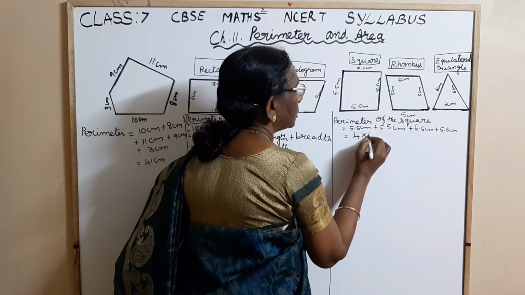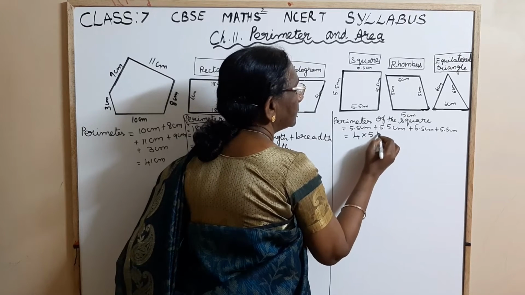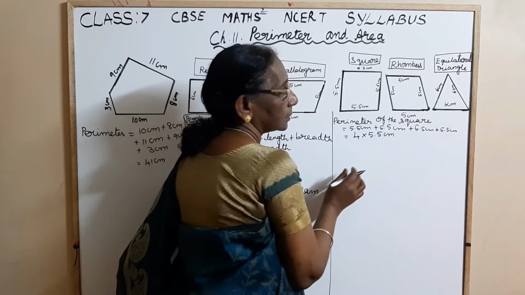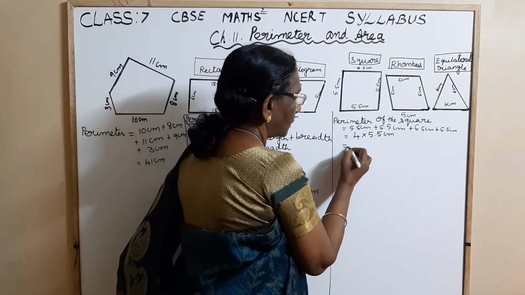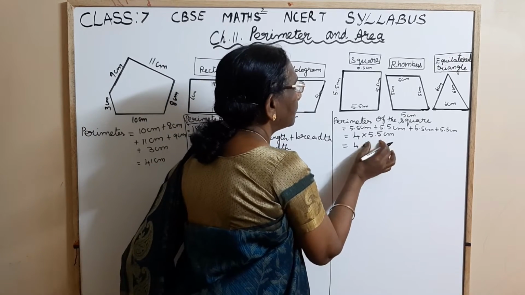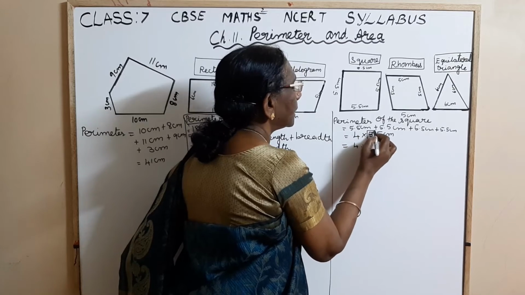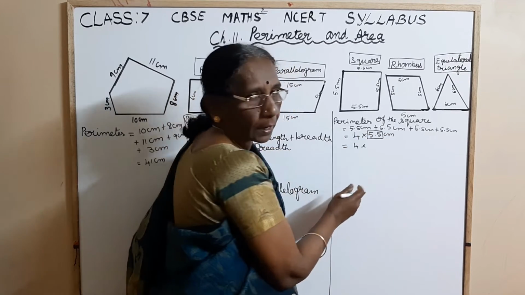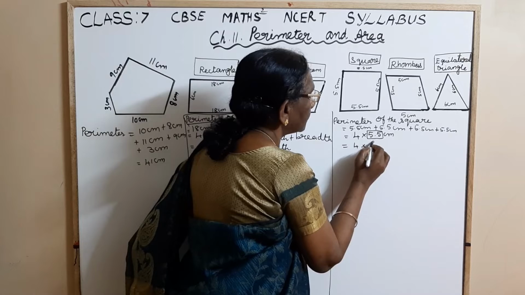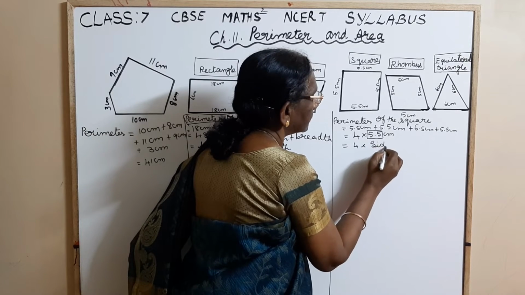So 4 into 5.5 centimeter. 5.5 is the length of the side of the square. So 4 into side we can write.